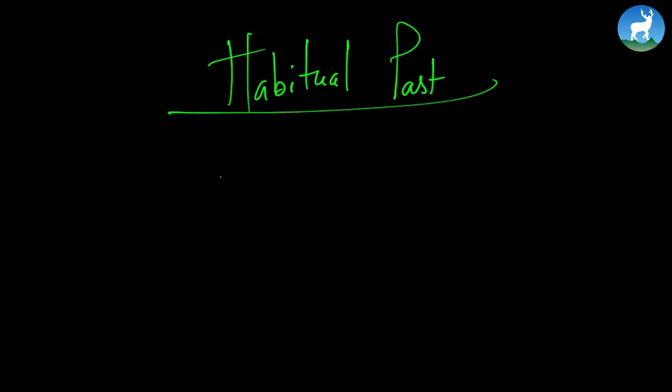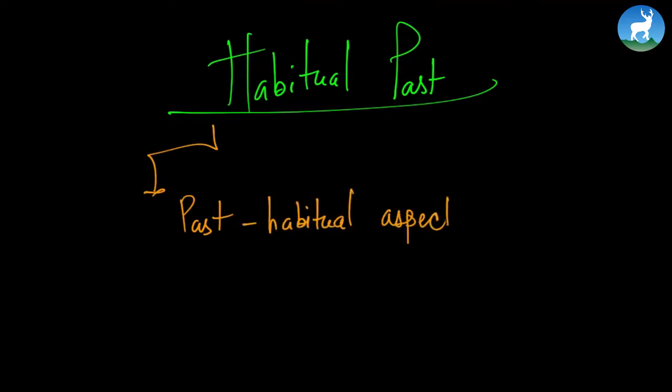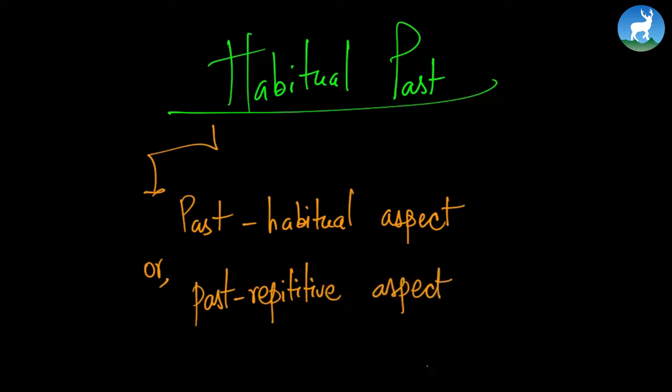Whenever we are talking about habitual past, that means we are talking about past habitual aspect or past repetitive aspect. It is one aspect of the verb that is used to refer to repeated events in the past. So this is what we call the verb aspect.